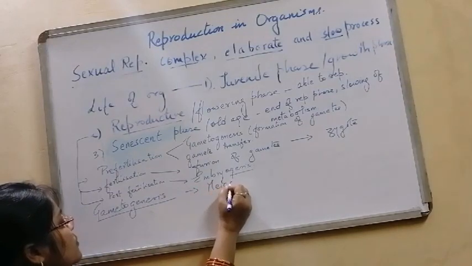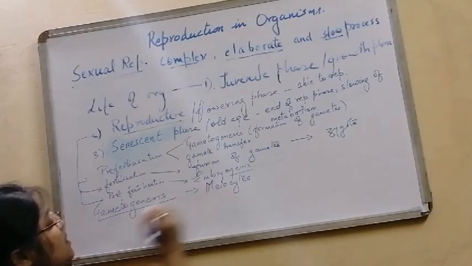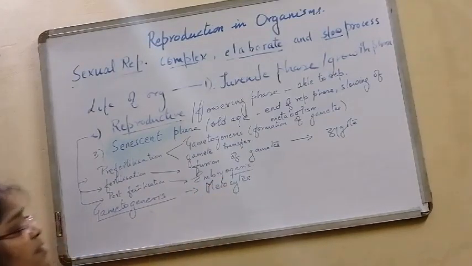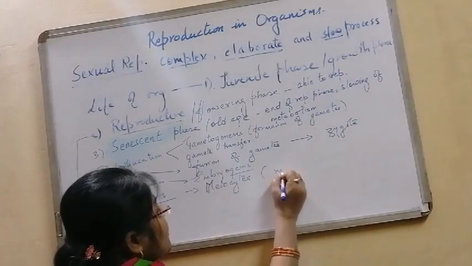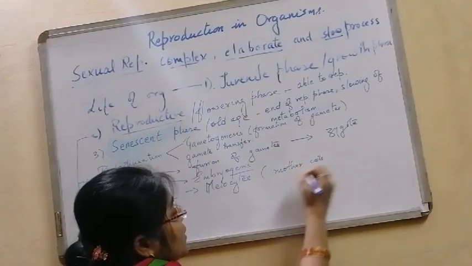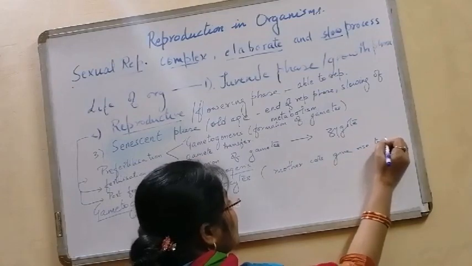Meiocytes are the mother cells, and they give rise to gametes.